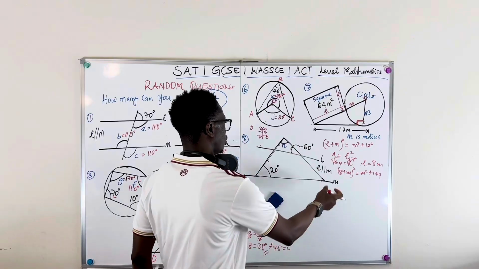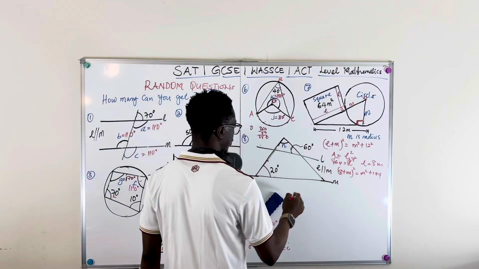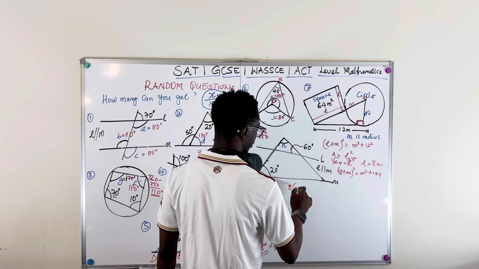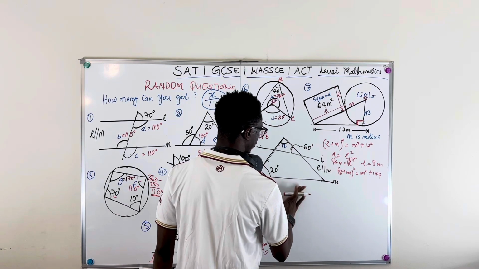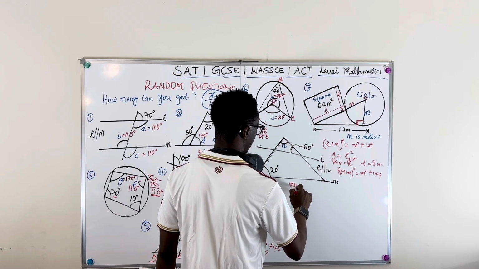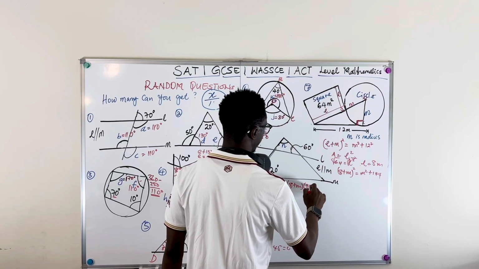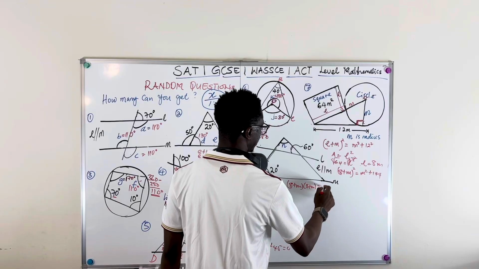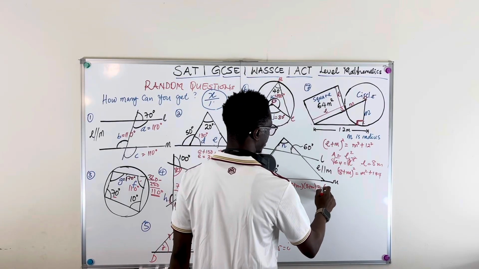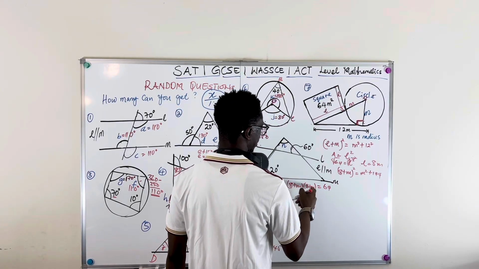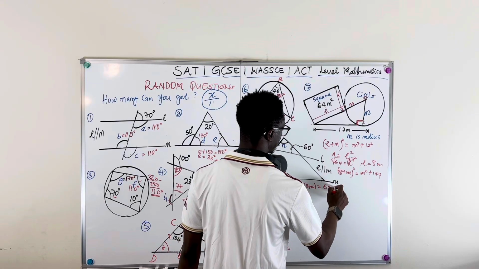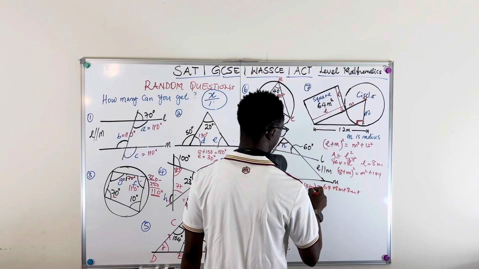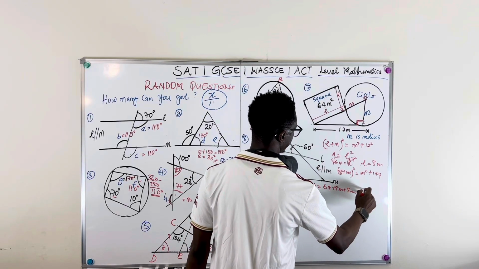But anyways, you expand this one. Let's just focus on 8 plus M, then we'll add the rest later. 8 times 8 gives you 64, 8 multiplied by M gives you 8M plus another 8M, then M times M gives you M squared.